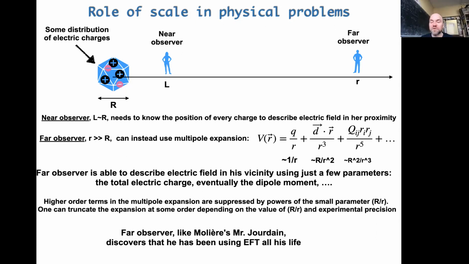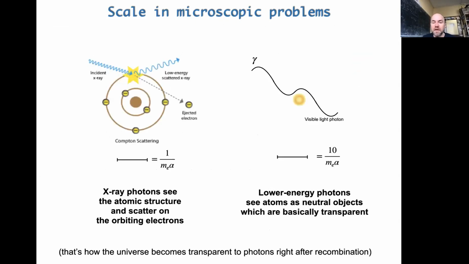at many different physical scales, from very small to very large, and it's just about simplifying the physical description of a system. Let me give you another example from physics where effective field theory thinking is important. You're looking at an atom, and then there is a photon arriving at some energy and approaching this atom.